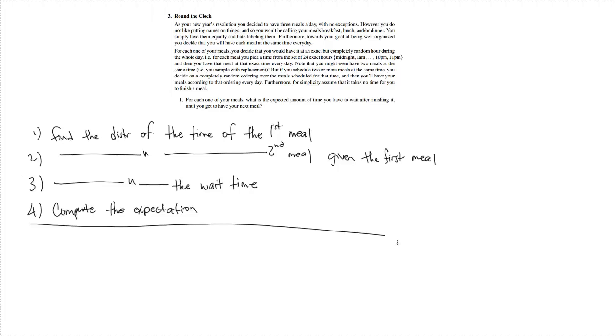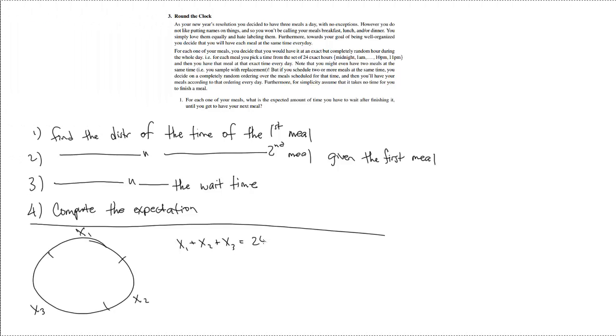So let's look at this problem a little more closely. The 3 meals are distributed uniformly at random throughout the day. And then let's denote the wait times between the meals as x1, x2, and x3. Since there are 24 hours in a day, we have that x1 plus x2 plus x3 is equal to 24.